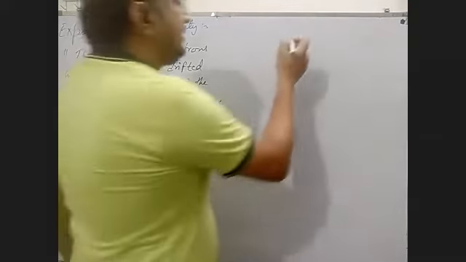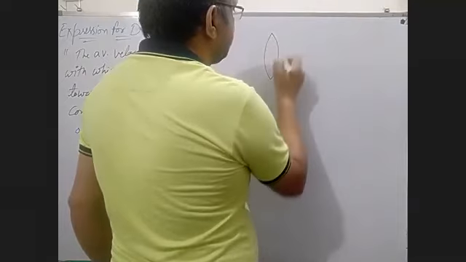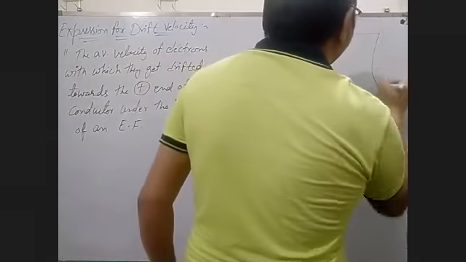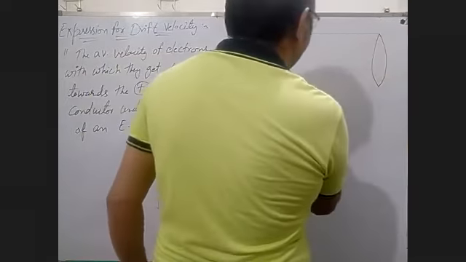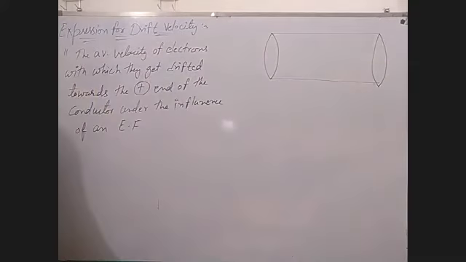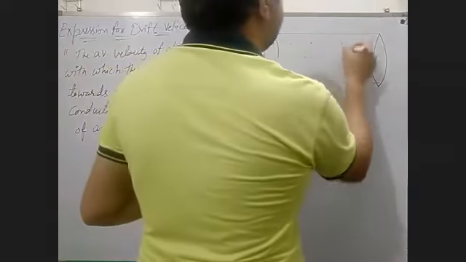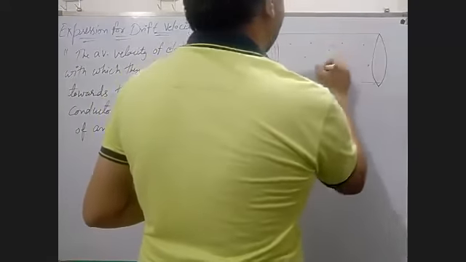Now let us take a diagram for this. Suppose this is a conductor, and there are free electrons in this.